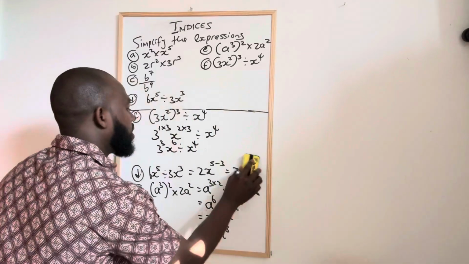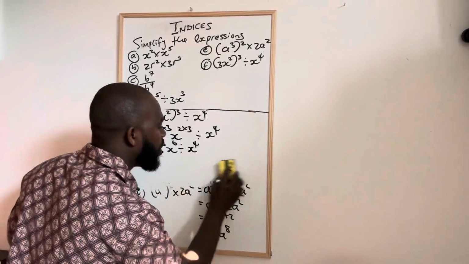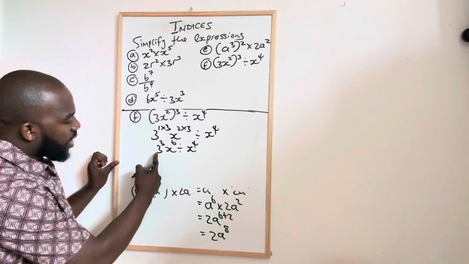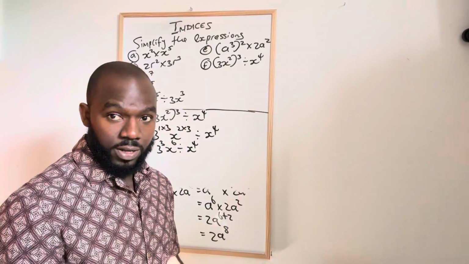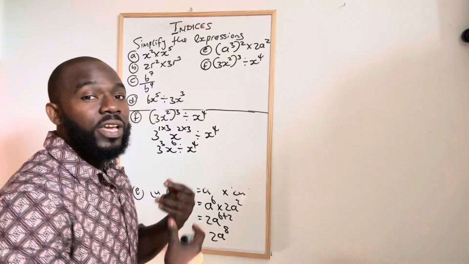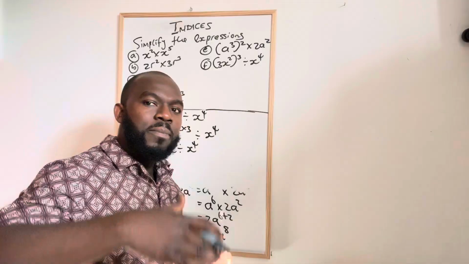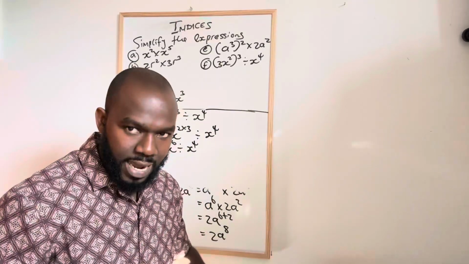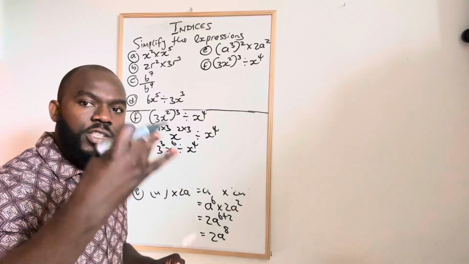Alright, so now without wasting time, let's see what we are going to do next. Here, 3 raised to the power of 3 means 3 times 3 times 3. Now you can decide to leave it like this, or you can decide to simplify it more. But because simplifying means breaking it down to the lowest terms, we're going to break 3 raised to the power 3. 3 raised to the power 3 means 3 times 3 times 3.